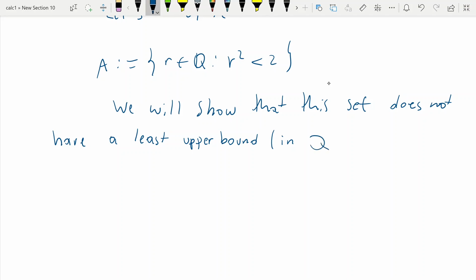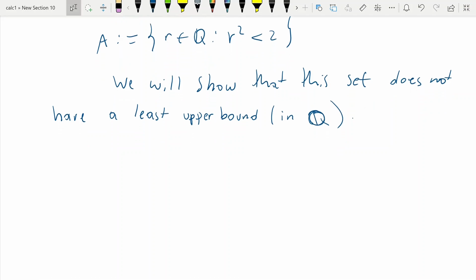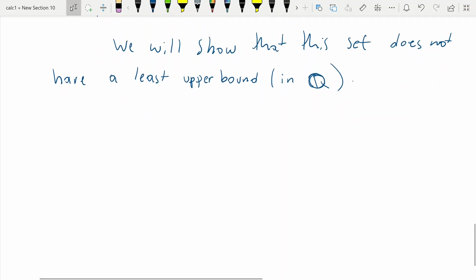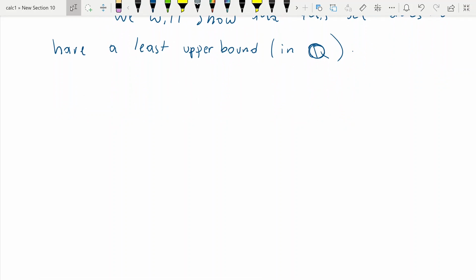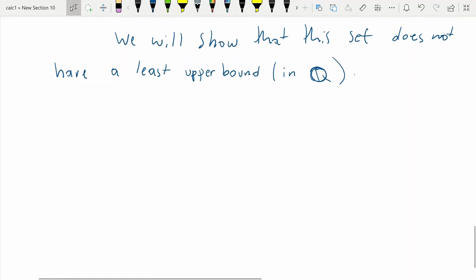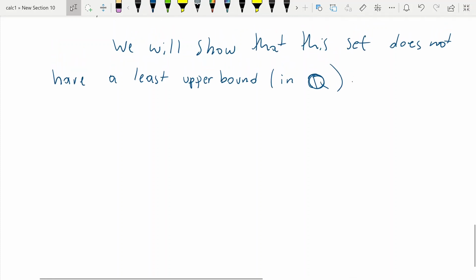Okay. Let's see why this is the case. But first, we'll need to remind ourselves of some basic property of the function x squared.